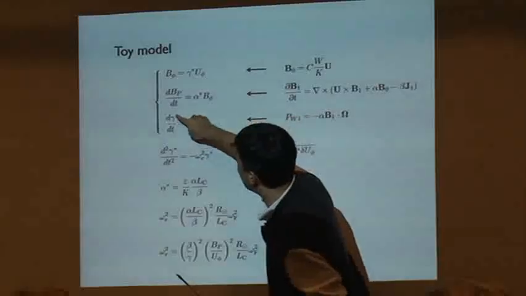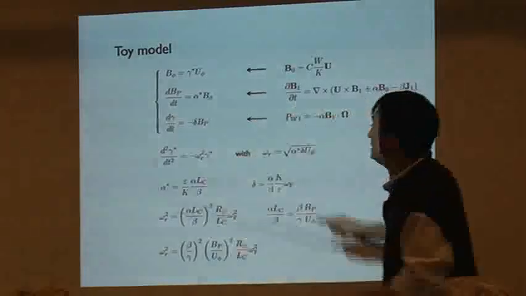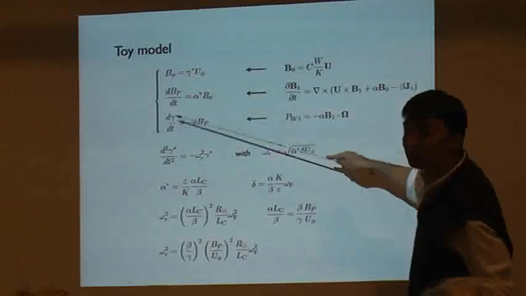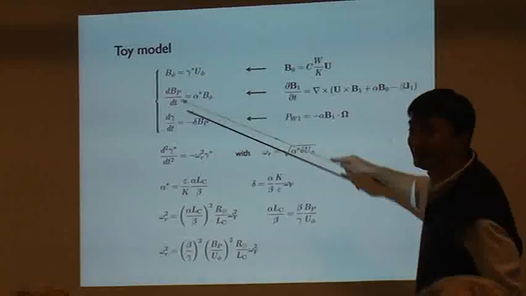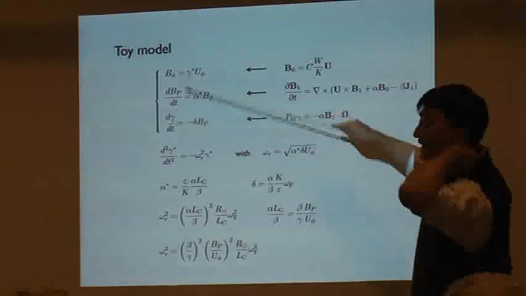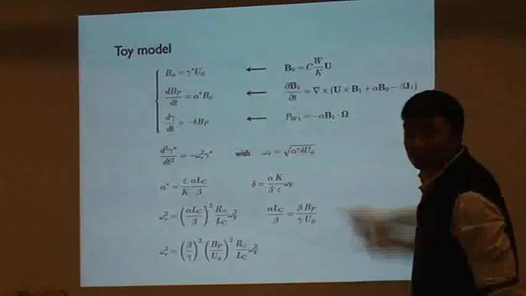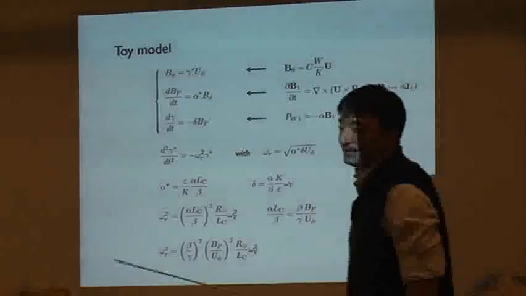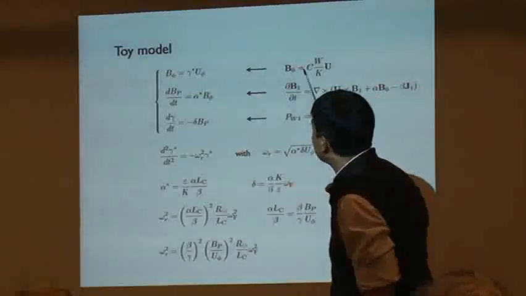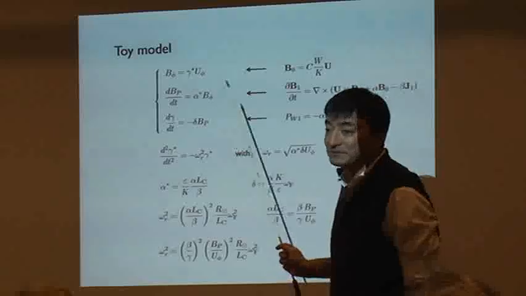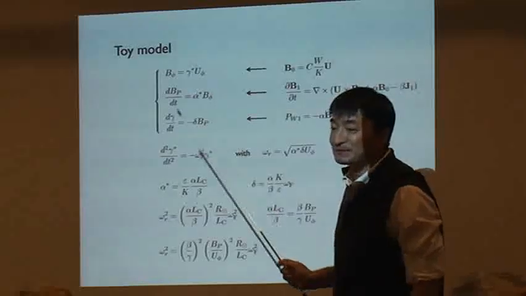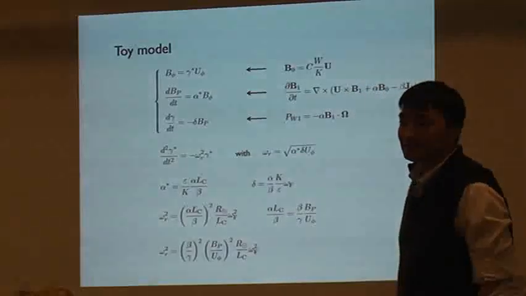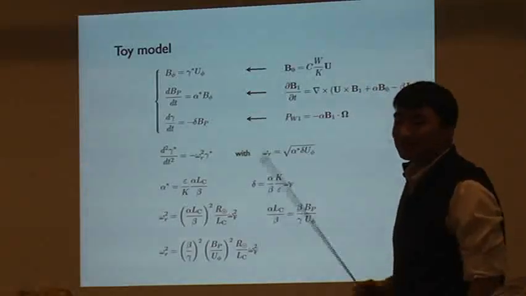This should be gamma asterisk. Then we consider the evolution of this very simple toy model. Even a high school student can do it. Finally, you have oscillations due to oscillations of gamma.